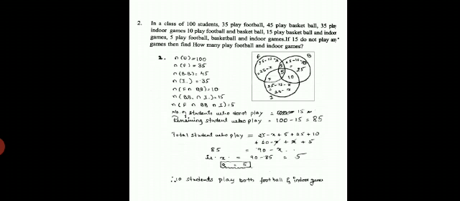Exactly in the middle of all the 3 circles I have written 5. That 5 is nothing but the students who are playing all the 3 games. And in between F and B there I have written 5. Add them. 5 plus 5 is 10 minus x.